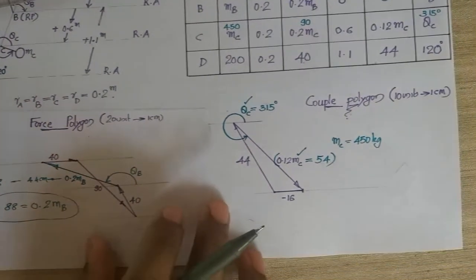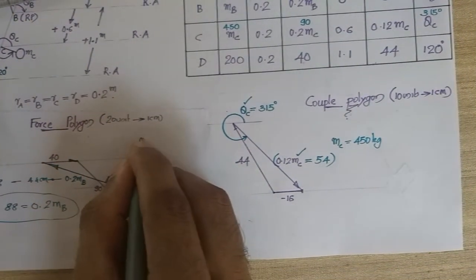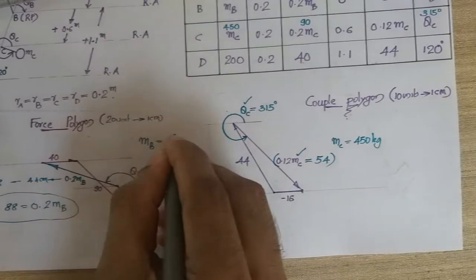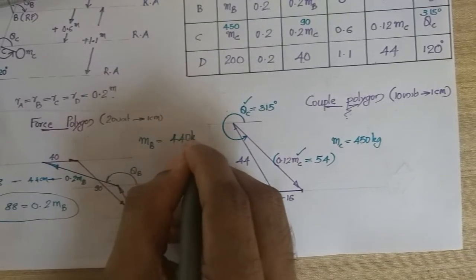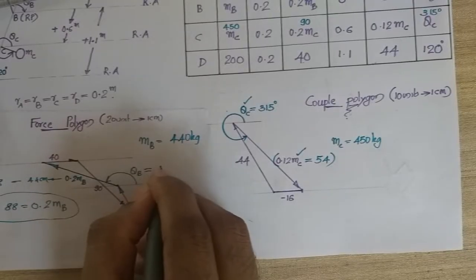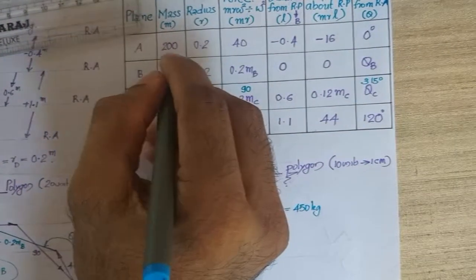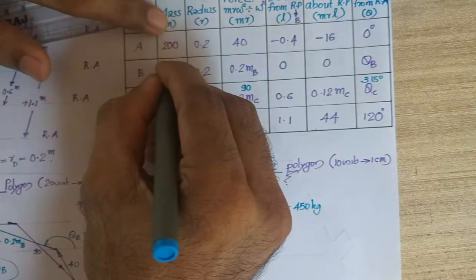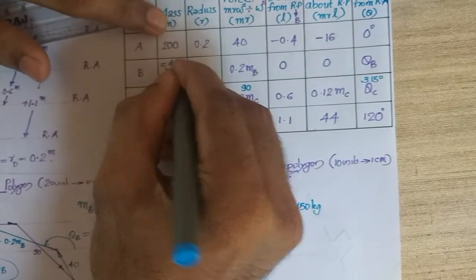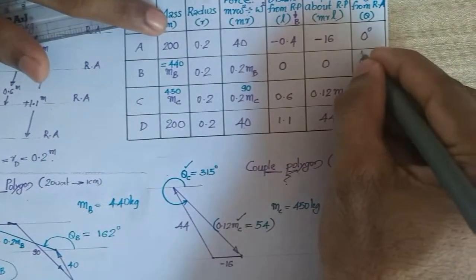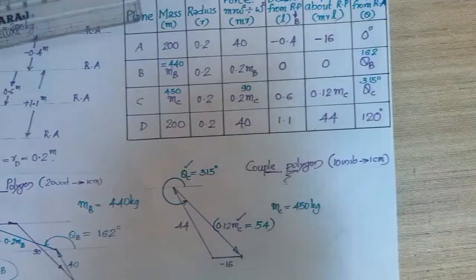If you are solving, you will be getting the MB value as 440 kg and theta b value will be equal to 162 degree. So according to the first, complete primary balancing, you have solved for all unknowns. So MB is 440 and this theta b is 162 degree. The first part of our problem is over.